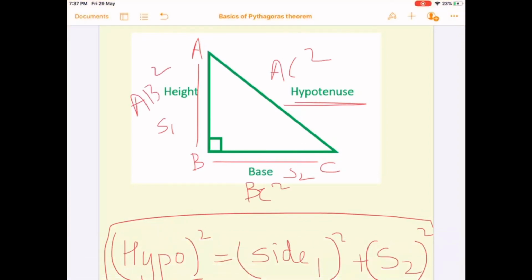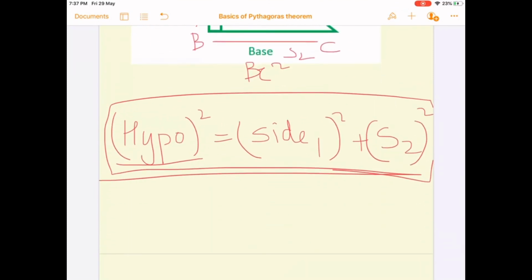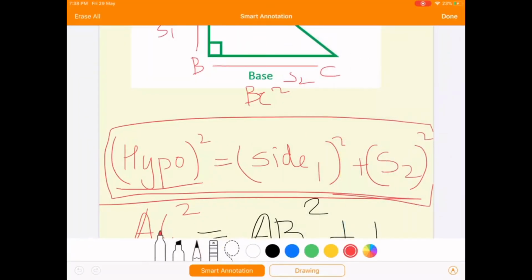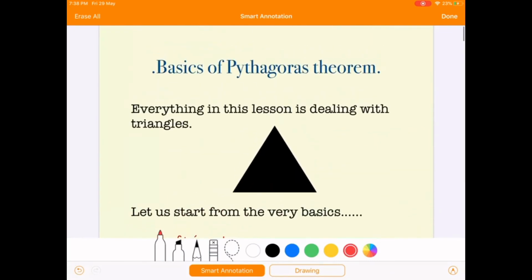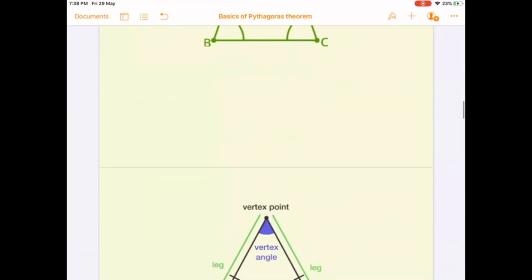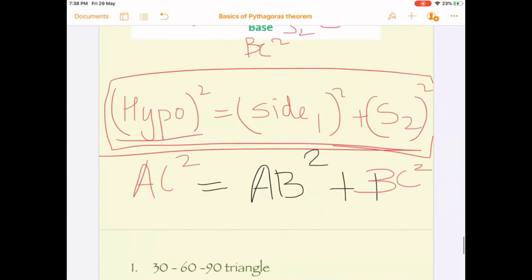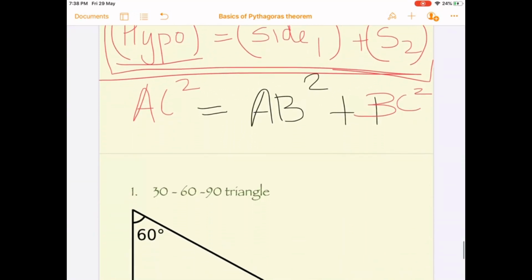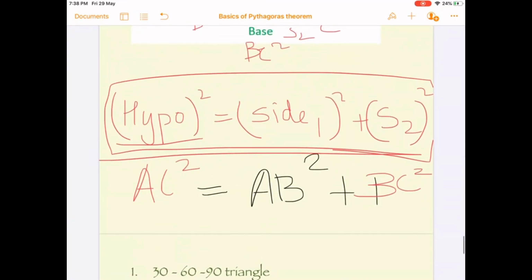So this is what the Pythagoras theorem is: hypotenuse means AC square equals side 1, meaning AB square, plus side 2 square. Okay, this was all the Pythagoras theorem. This is a right angle triangle which we have seen over here, and hypotenuse square equals side 1 square plus side 2 square is the Pythagoras theorem.